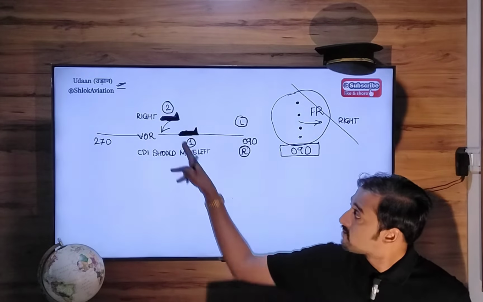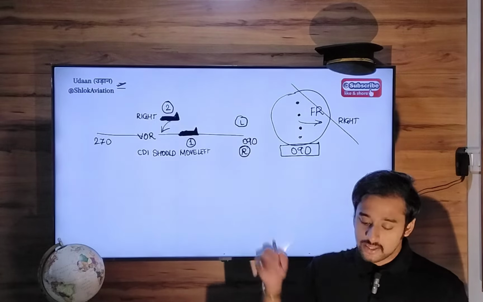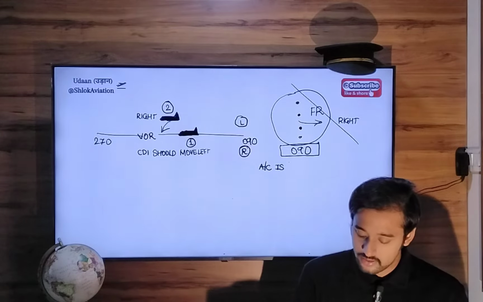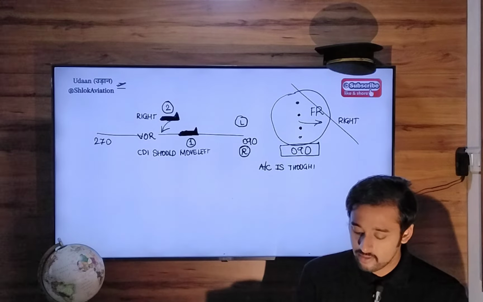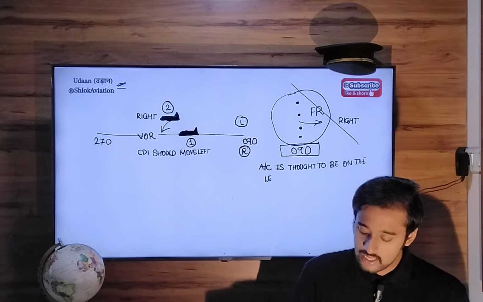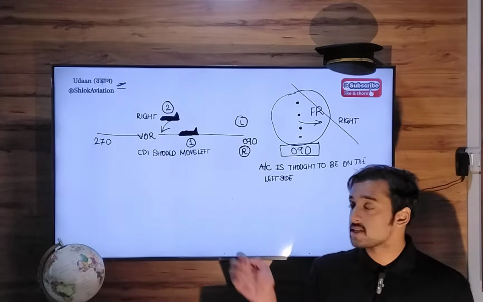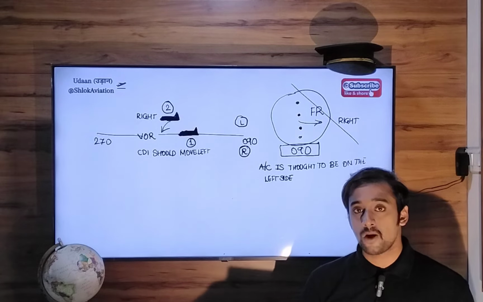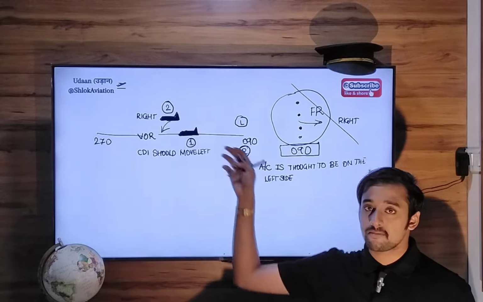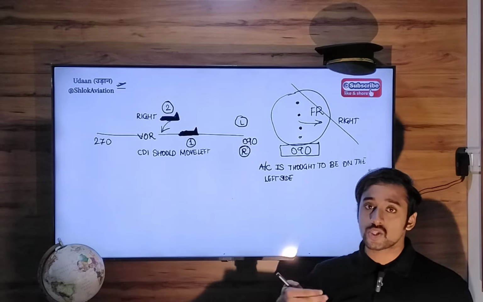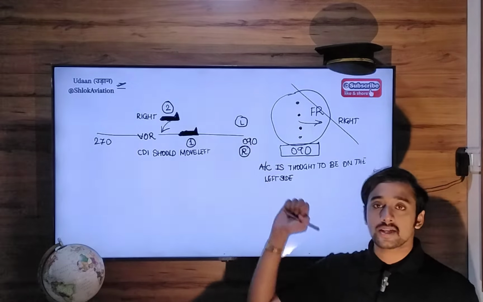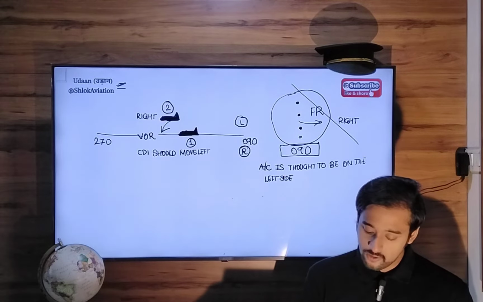So your aeroplane, which is on this side, is thought to be on the left side, because you have put the setting 090, and with respect to outbound 090, that becomes your left side automatically. With respect to homebound, that becomes your right side, but you have put 090. So the instrument interprets that as your aircraft being to the left of your original track 090, and therefore the CDI moves.